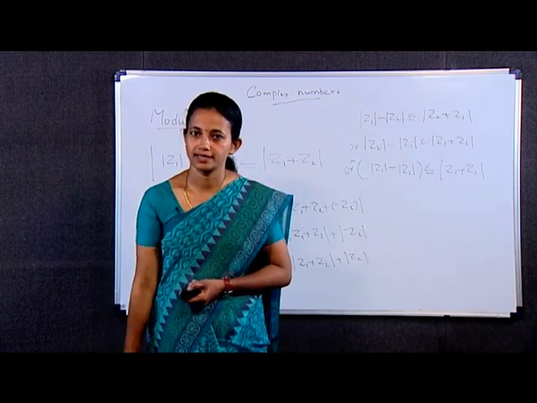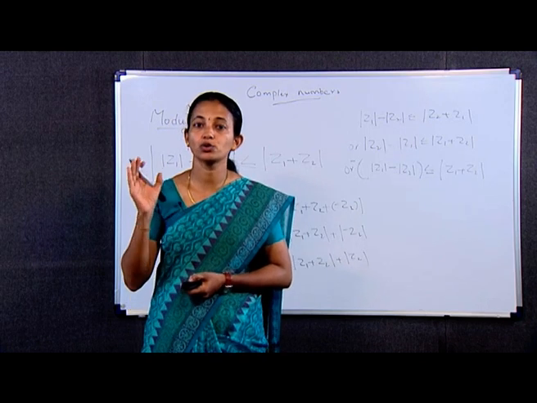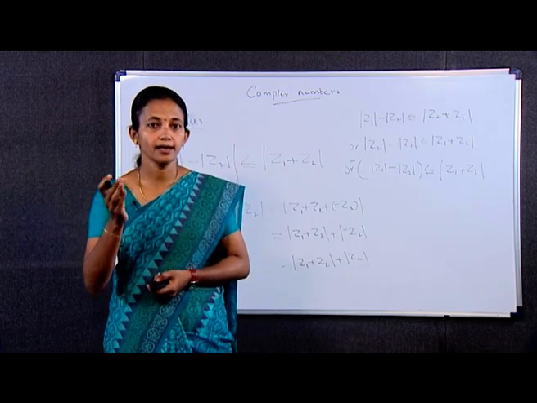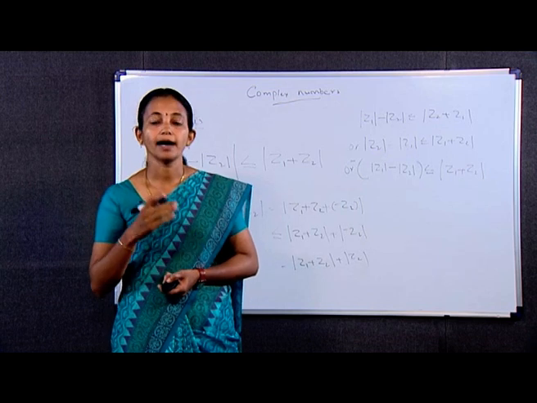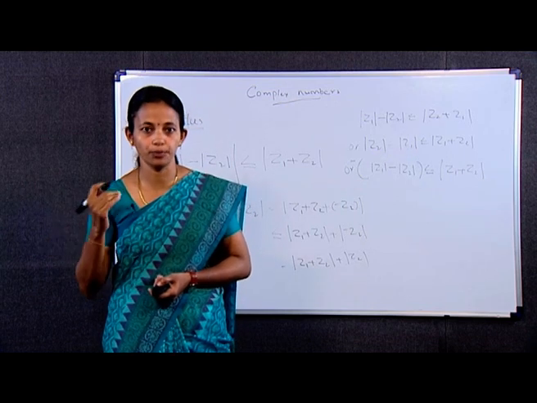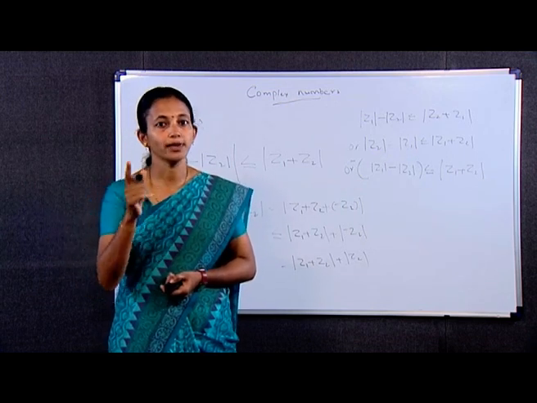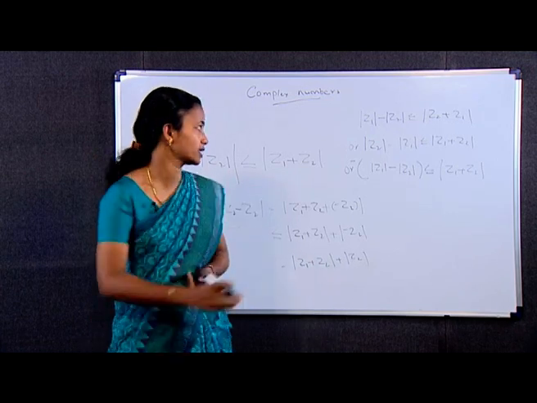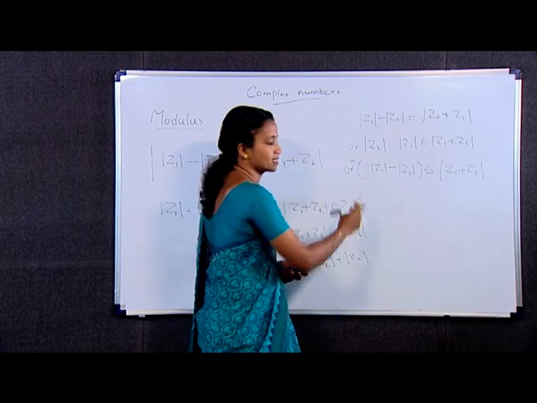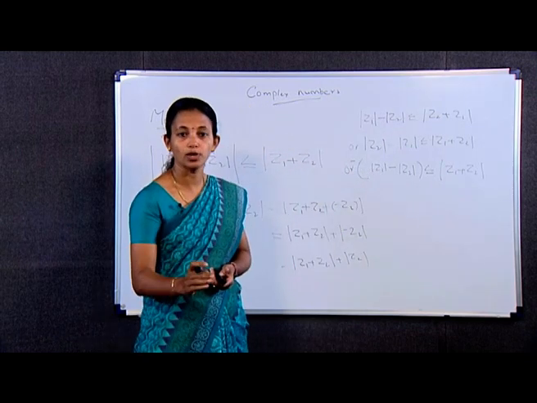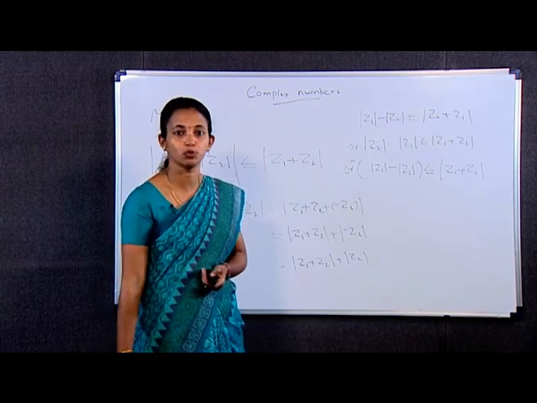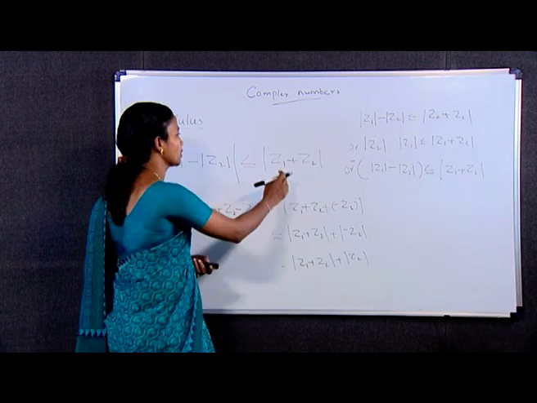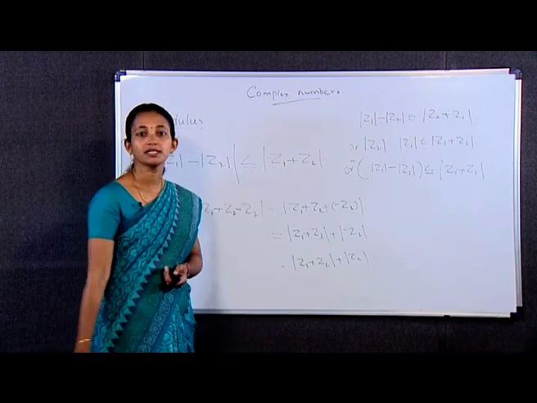Recalling the result that if A and B are two real numbers with A less than or equal to B and minus A less than or equal to B, then we have mod A less than or equal to B. With this, combining the first and second equations, we can write modulus of mod Z1 minus mod Z2 is always less than or equal to mod Z1 plus Z2.